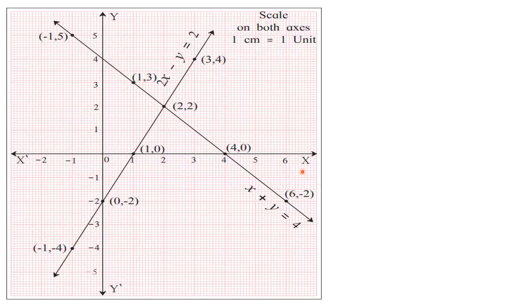Similarly, the coordinate of a point on the y-axis is 0 comma b, where b can be any number. The x coordinate remains 0 for a point on the y-axis, and the y coordinate remains 0 for a point on the x-axis. So all these things you have to keep in mind.